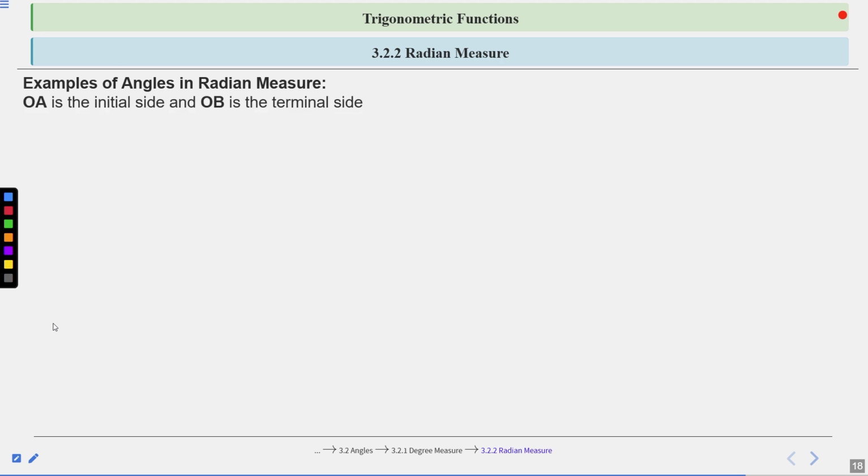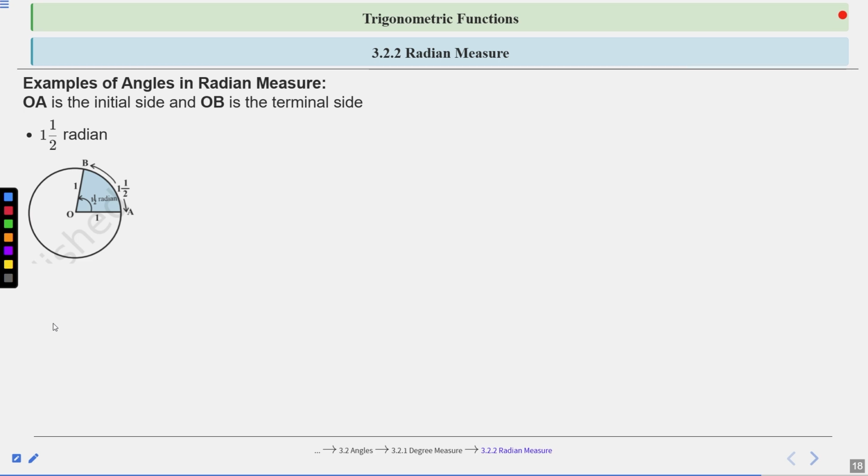So OA is your initial side, OB is your terminal side. So this is your radian, 1 whole 1 by 2. Obviously, you are considering your circle of what radius? Unit radius. So in unit circles, indeed you are having your radian equal to your radius.